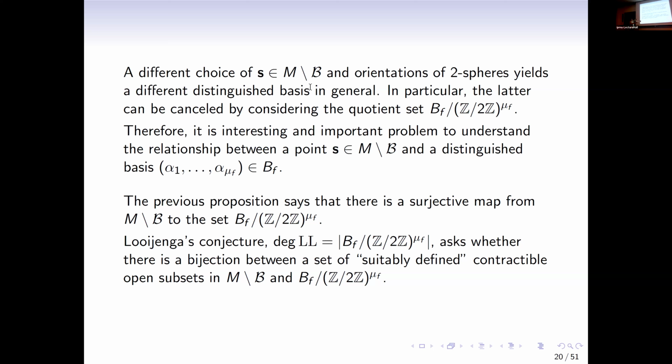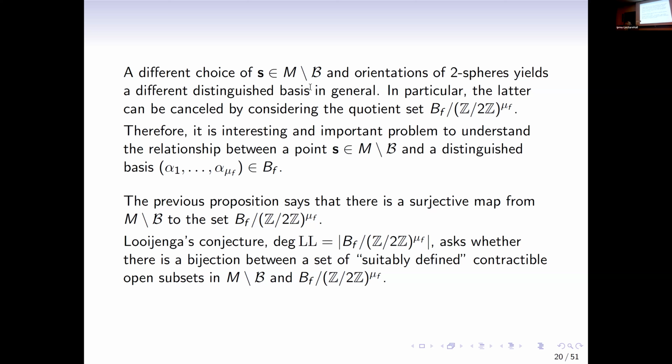But if we consider the quotient set by the sign change group, the ambiguity is now cancelled, and on this set the braid group still acts. So it is important to understand the relationship between this point and the distinguished bases.